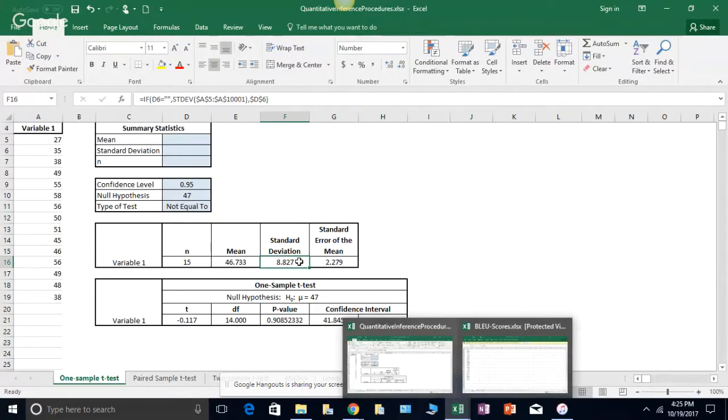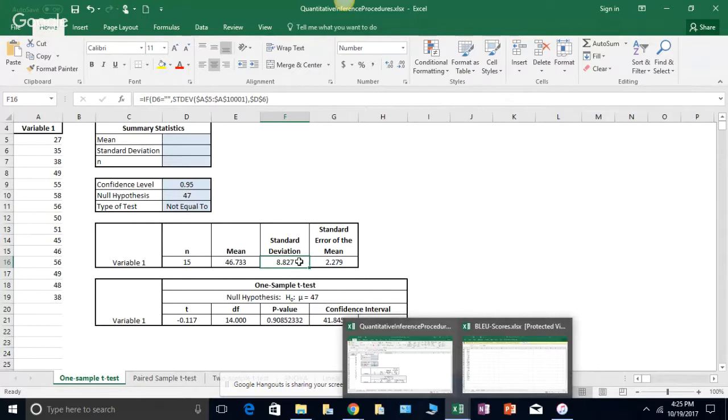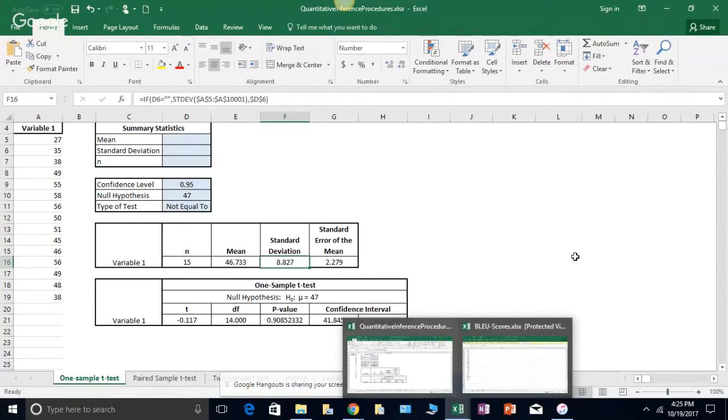State the degrees of freedom. Again, that's 15 minus 1, so it comes out to 14. This is the only time he said we could use the applet to get the p-value.